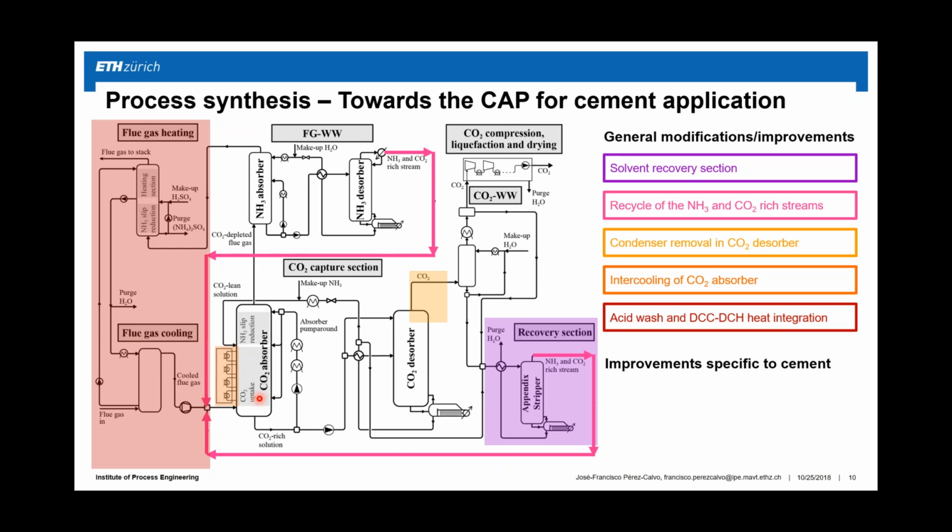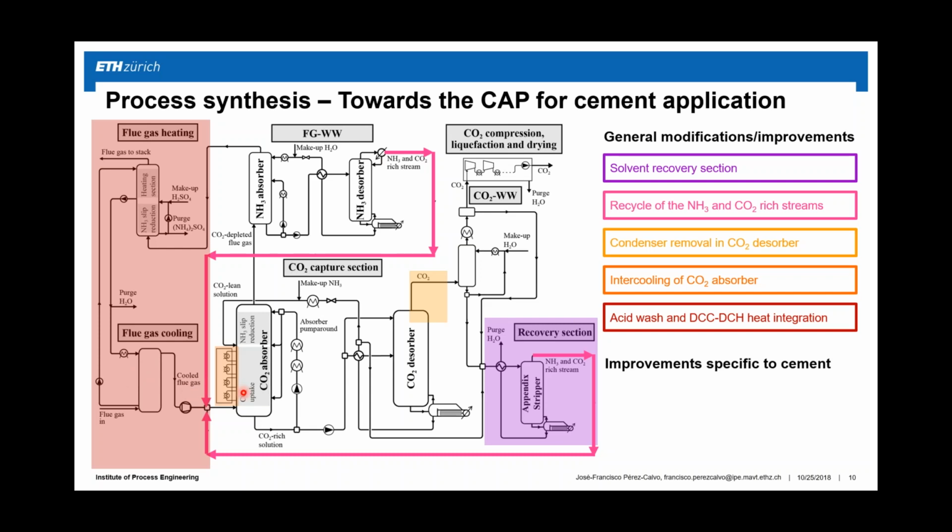Within the CENCAP project, we have performed tests at pilot plant scale, using aqueous ammonia as a solution, and we have been able to decrease the SO2 concentration in the flue gas from 100 ppm to negligible values entering the CO2 absorber.